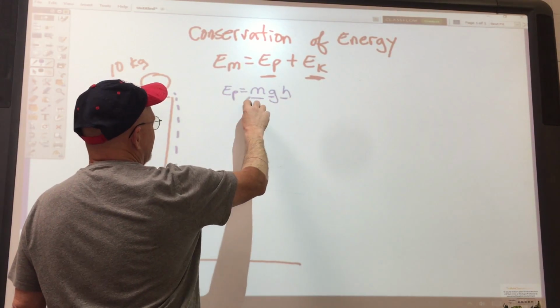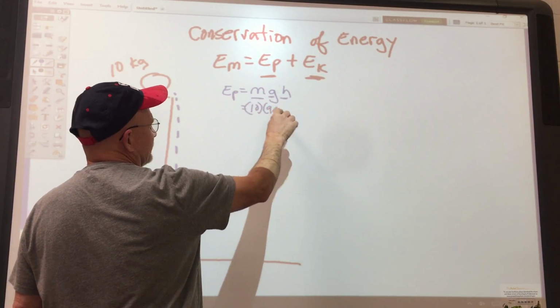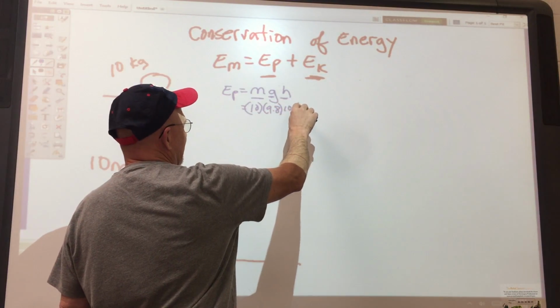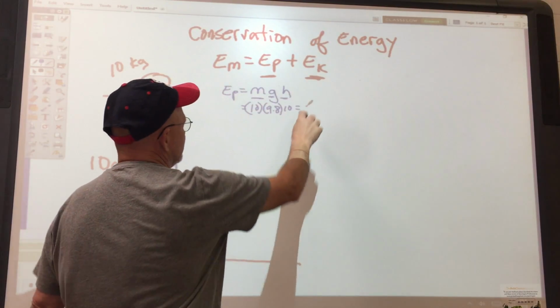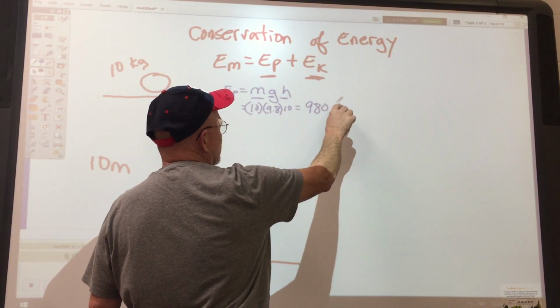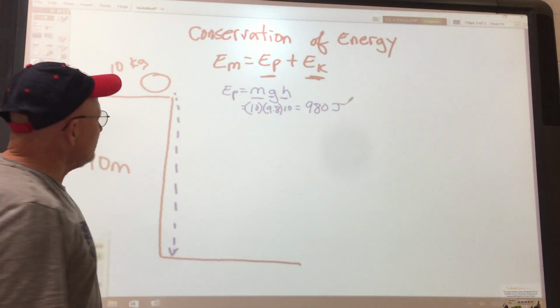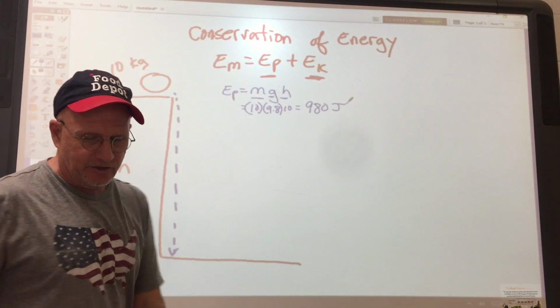To do that is pretty simple. I take 10, multiply it times 9.8, times the height, which is another 10. And when I do that, my number winds up being 980 joules of potential energy. At the top, that's how much potential energy it has, 980 joules.